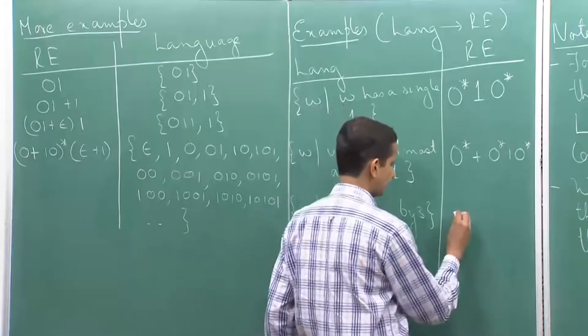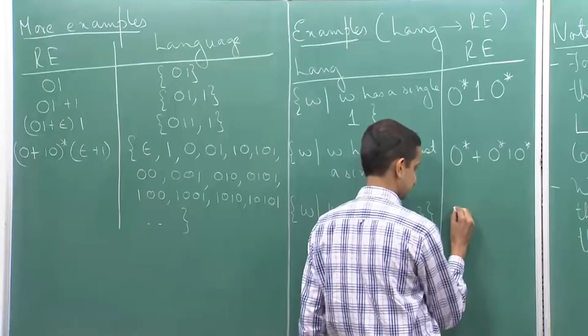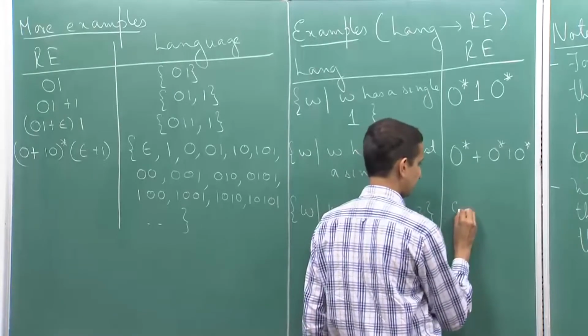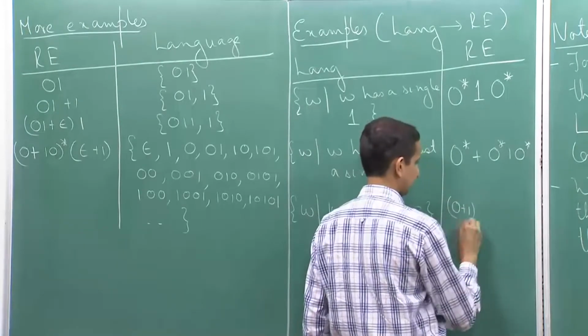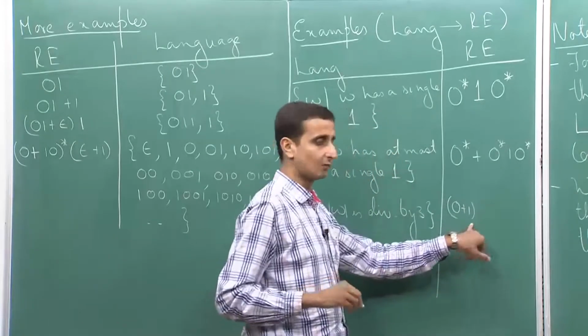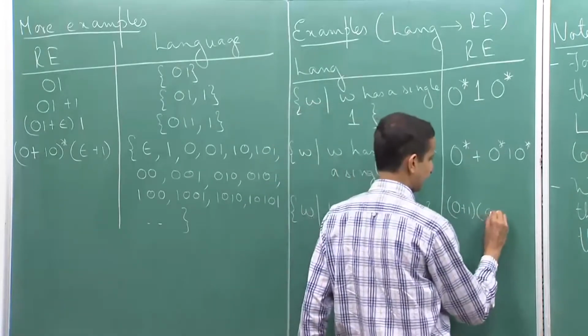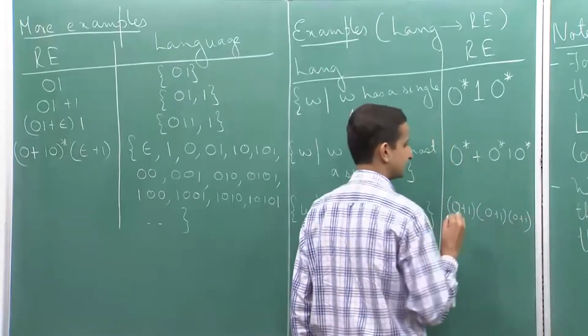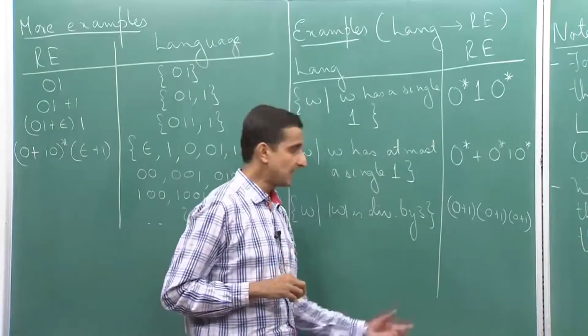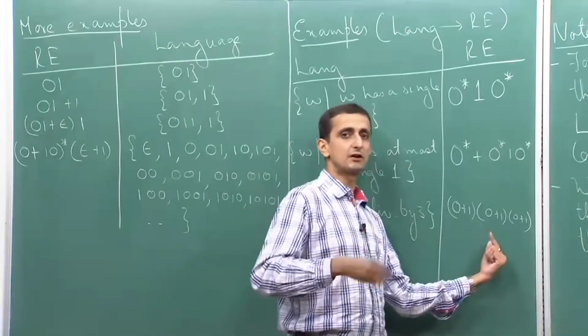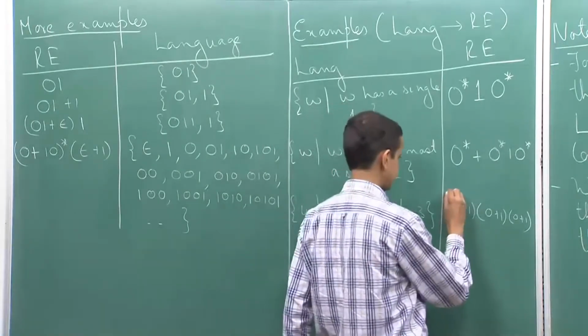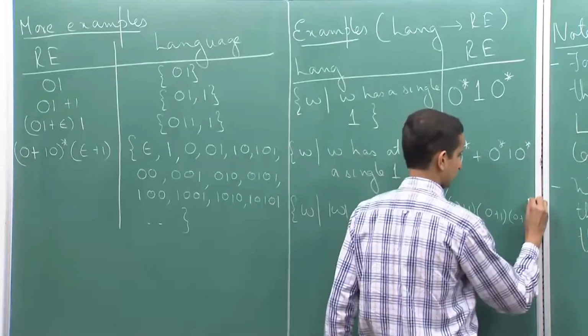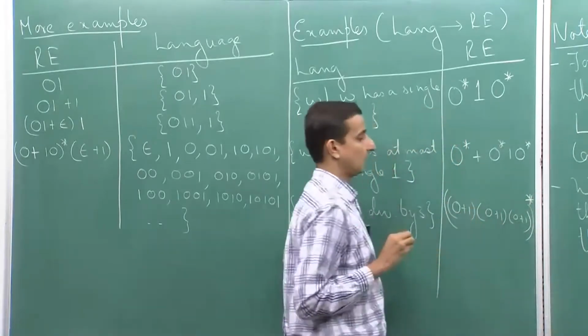So, the way to write them is, the first symbol can be anything between 0 or 1, the second symbol again can be anything between 0 or 1, and the third symbol is once again anything between 0 or 1. And this sequence keeps on repeating an arbitrary number of times. Okay. So, I have a star around it.